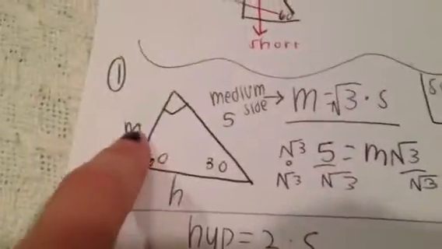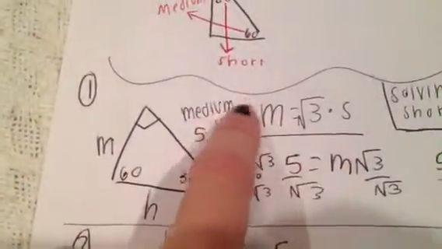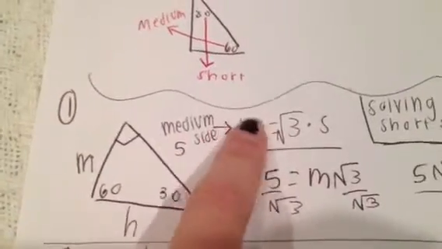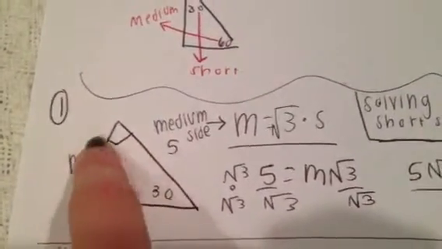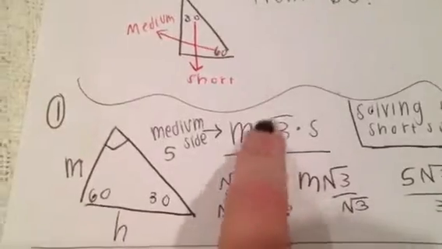So side M equals, the medium side equals the square root of 3 times S. Okay? So that's the formula right there.